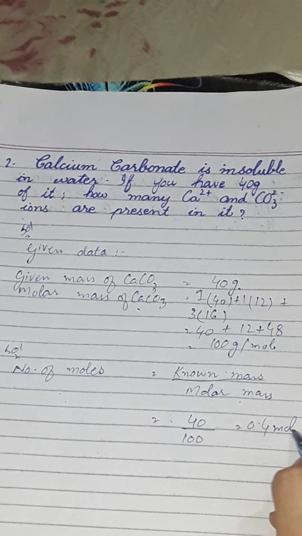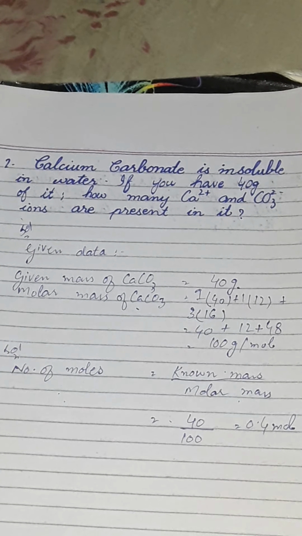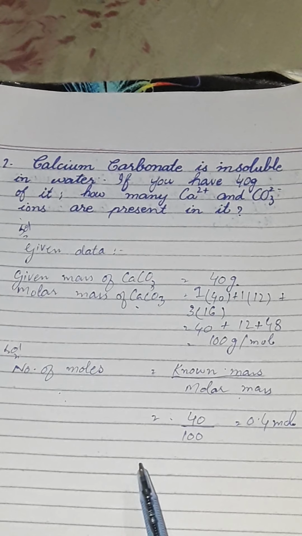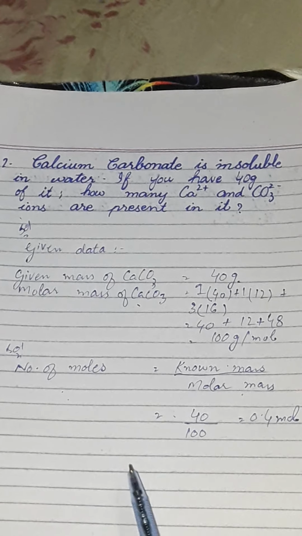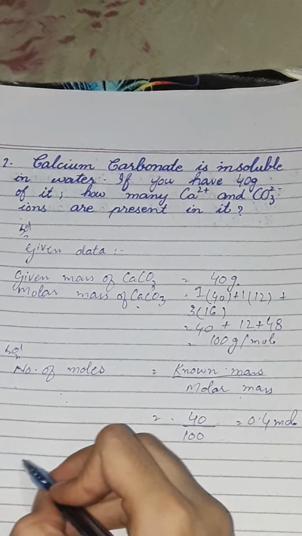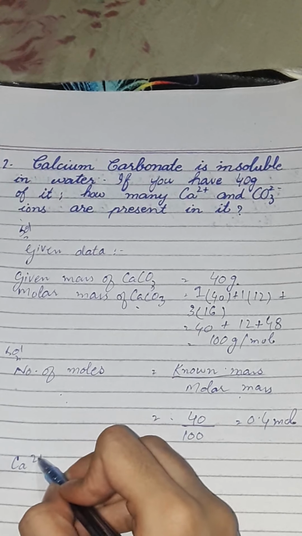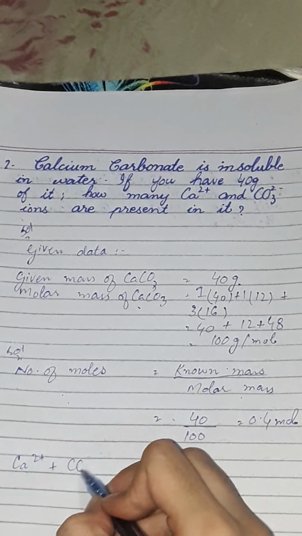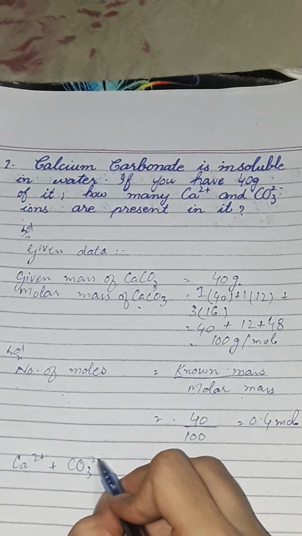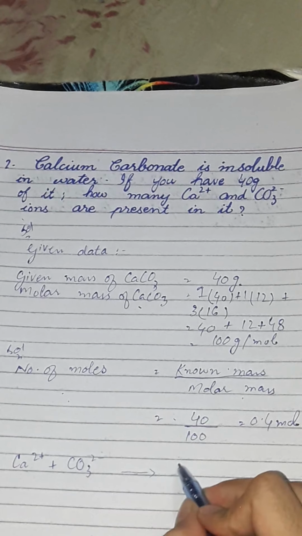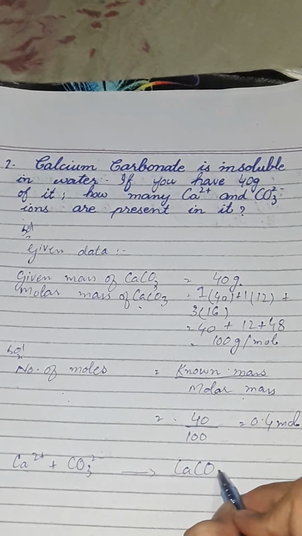Now we will write the balanced chemical equation of calcium carbonate. Ca2+ plus CO3 2-, and it will become CaCO3.